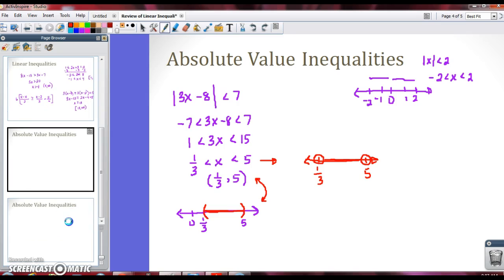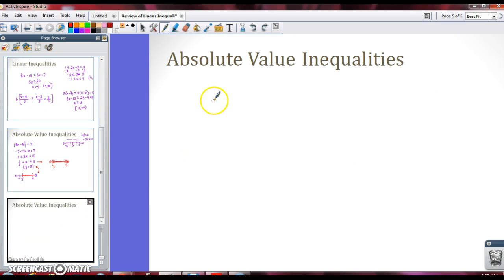Let's talk about when we have a greater than absolute value inequality. For example, if I have the absolute value of x is greater than 2, then here's 0, 1, and 2, and here's -2.